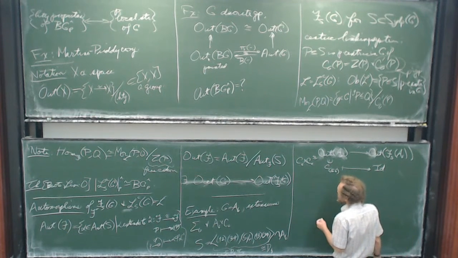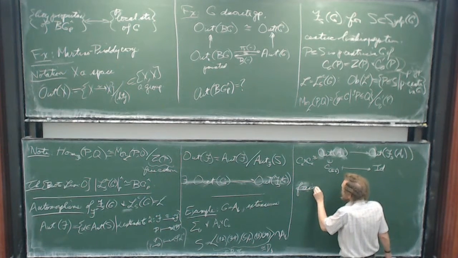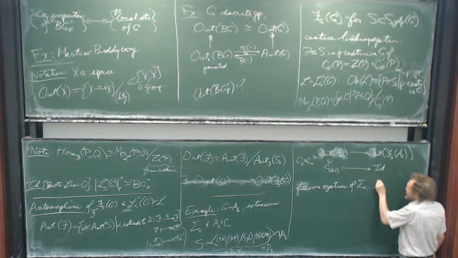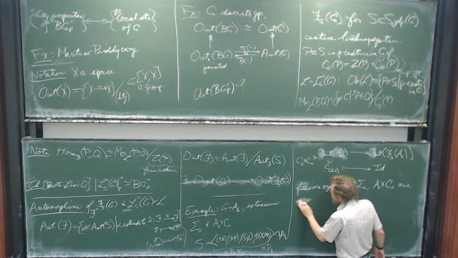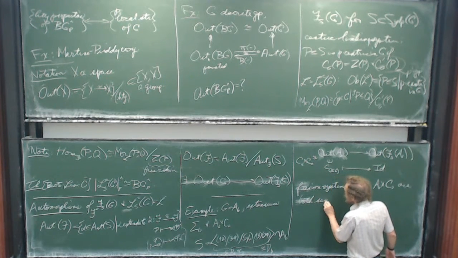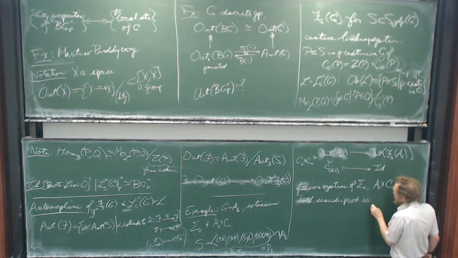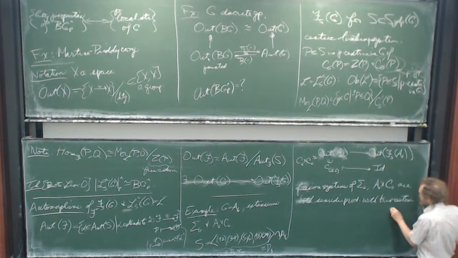So, in other words, the fusion systems of Sigma 6 and of A6 cross C2 are both semi-direct products with the trivial automorphism of the fusion system of A6.